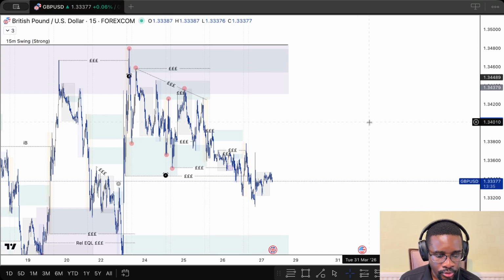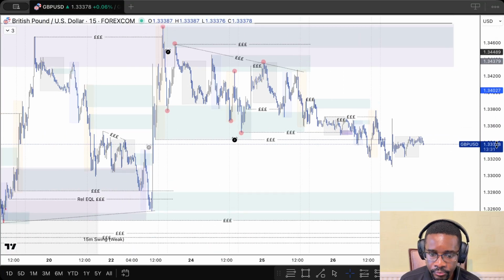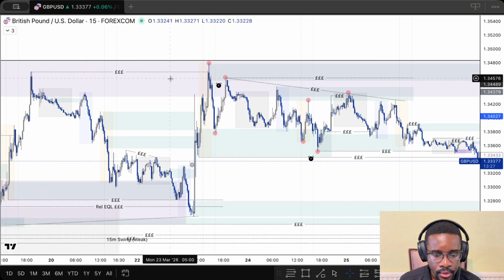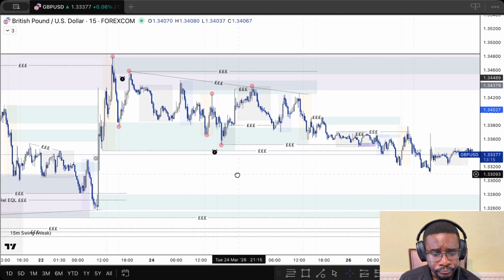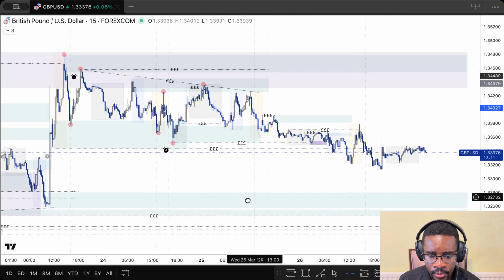So price had a strong push from that area, and that didn't lead to any serious structure break. Okay, so we had a sweep of these highs, and then from there price has been coming down.